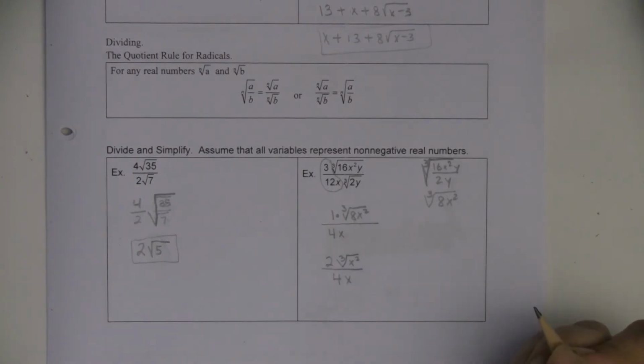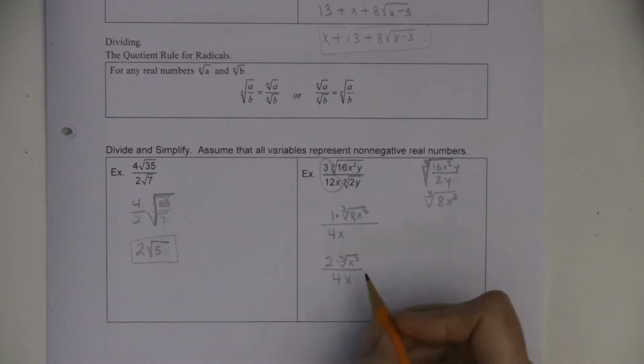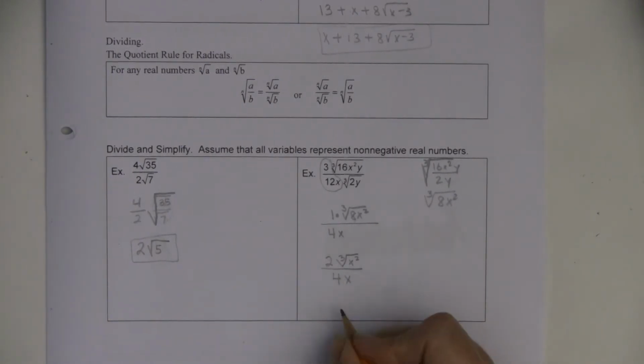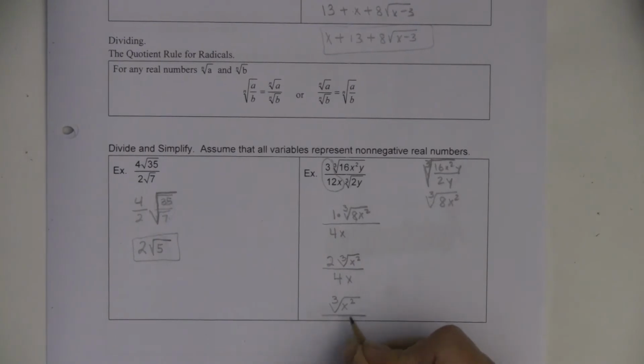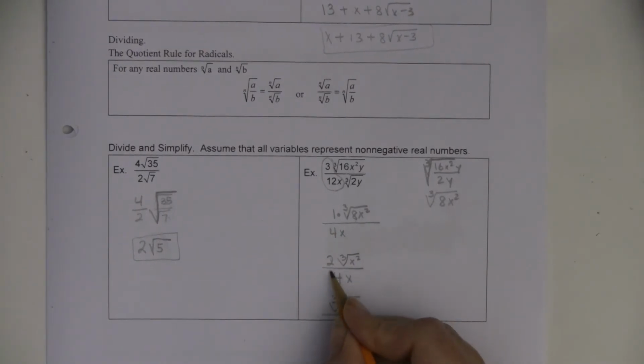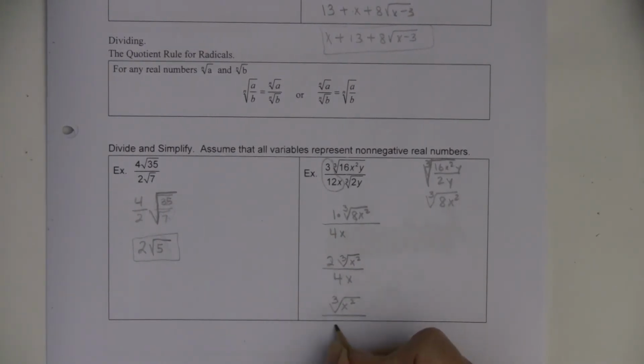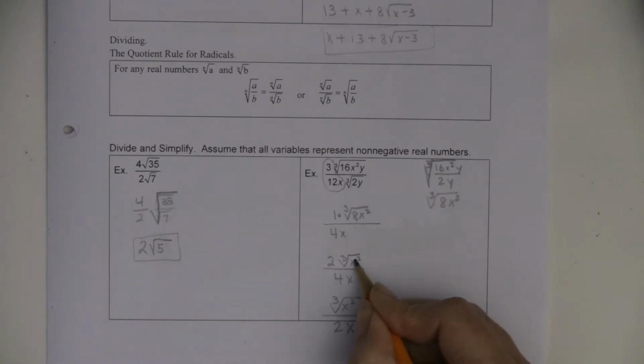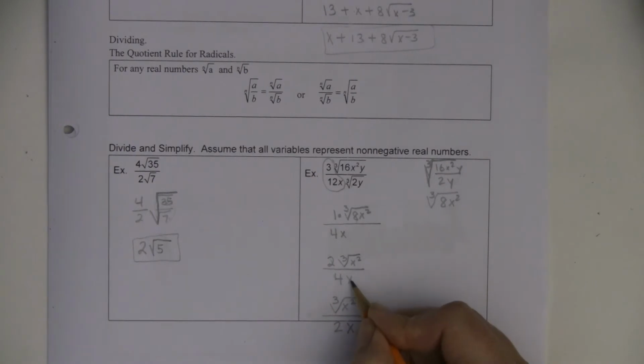And actually I can do a little more reducing now, because the 2 and the 4 could reduce with one another. So in the numerator I would be left with the cube root of x squared, and over the 4 and the 2, when they reduce, they give a 2x. Now this x cannot reduce with that because they're not both underneath the cube root.